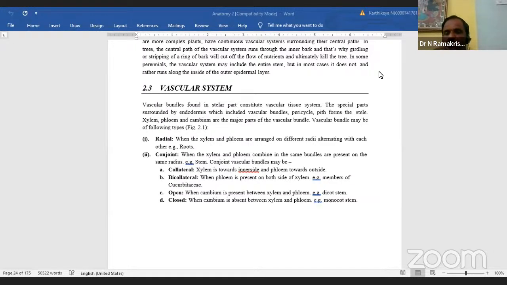One is the epidermal tissue system, the second is the fundamental tissue system. Now we are going to the last one, the vascular tissue system.